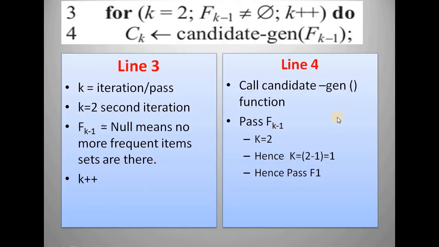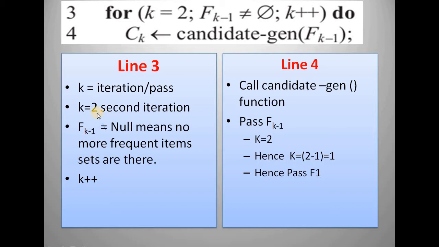Now let's get into the third and fourth steps of the algorithm. The third line of the algorithm is a for loop. K means the iteration or the pass. The first iteration is already over. We have calculated C1 and F1. Now the second iteration, so K equal to 2.